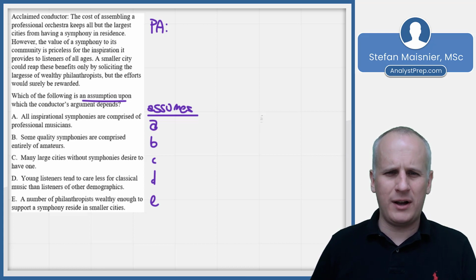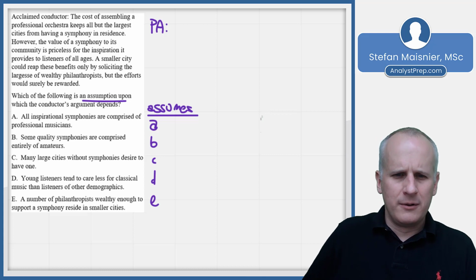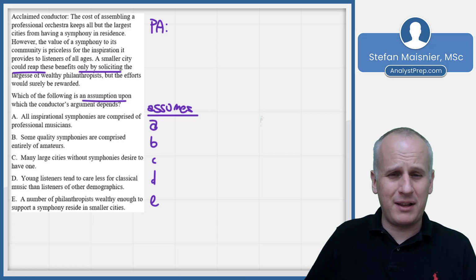However, the value of a symphony to its community is priceless for the inspiration it provides to listeners of all ages. A smaller city could reap these benefits only by soliciting the largesse of wealthy philanthropists, but the efforts would surely be rewarded. So we've got this could reap by soliciting, so we've got a plan.